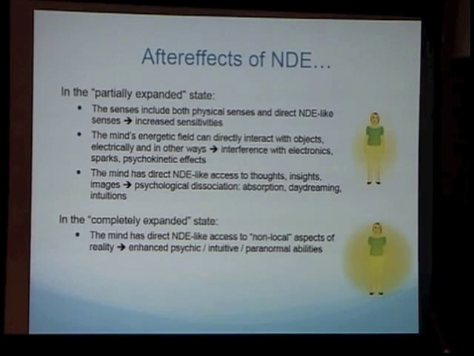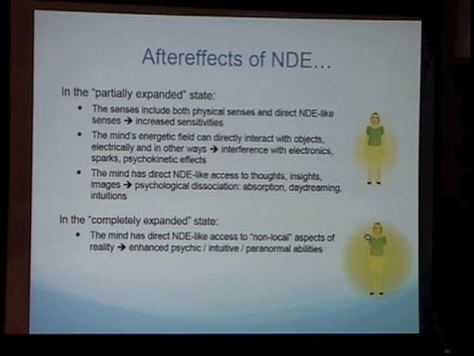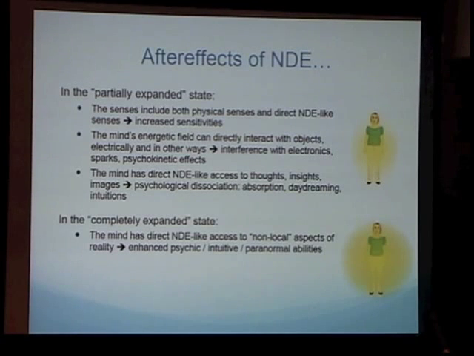And that kind of interaction is going to give you a higher sensitivity. The mind's energetic field, if it's out here, can interact with objects electrically and in other ways, and that would give you the interference with electronics, with these unusual sparks, and psychokinetic PK effects.